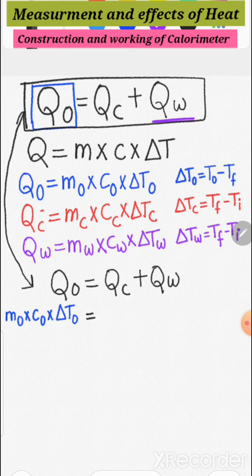Then QC will be equal to mass of calorimeter into specific heat capacity of calorimeter into difference in temperature of calorimeter plus mass of water into specific heat capacity of water into difference in temperature of water. So this is the formula. By using this formula we can find the specific heat capacity of any object.